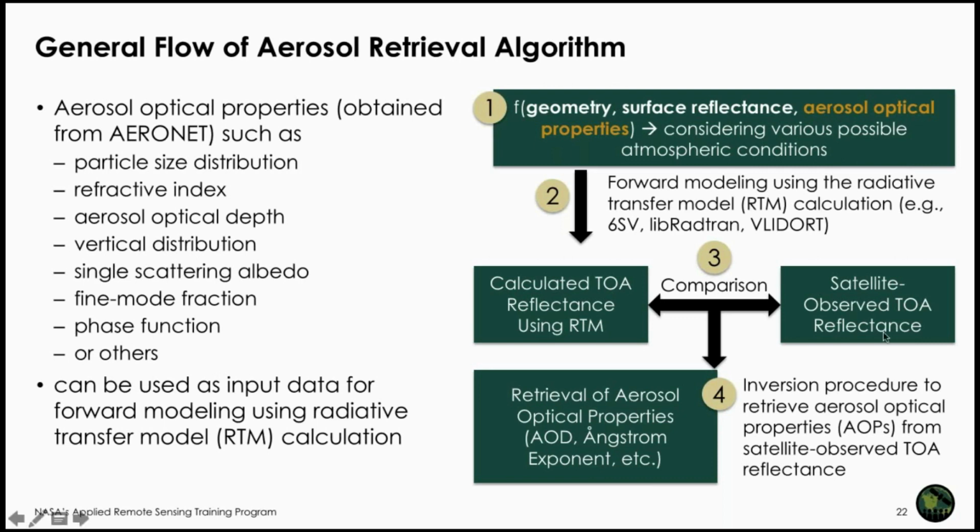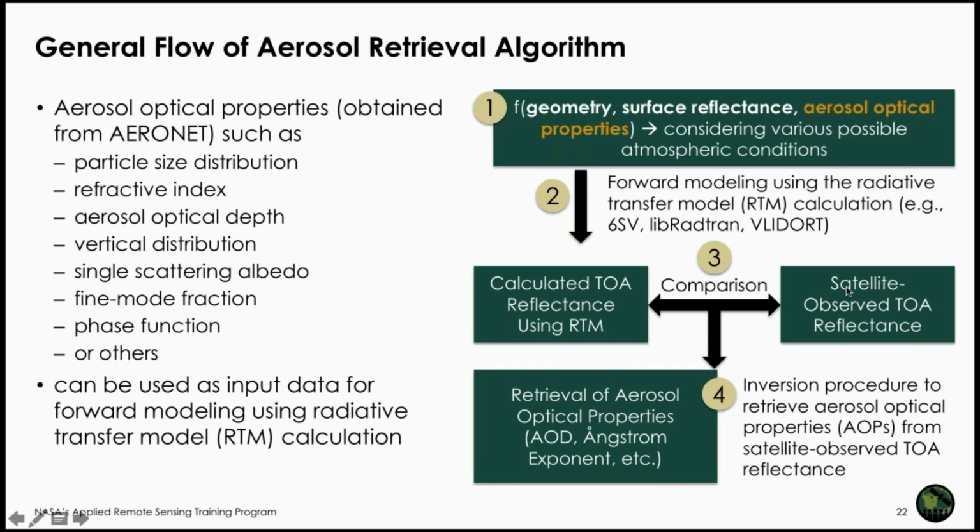Like here, the exact name is the 6SV or VLIDORT. This is the radiative transfer calculation program. Then we can get the calculated TOA reflectance using the RTM here.